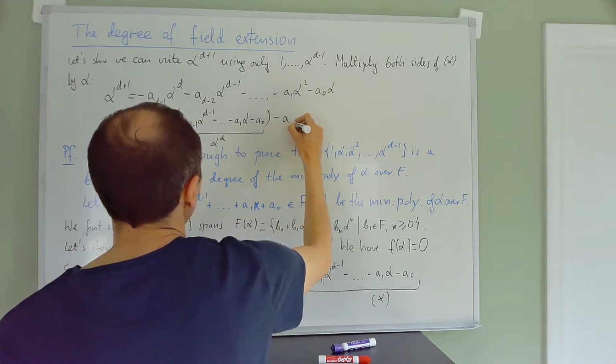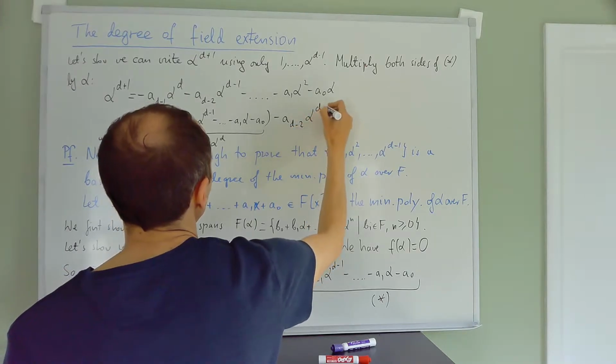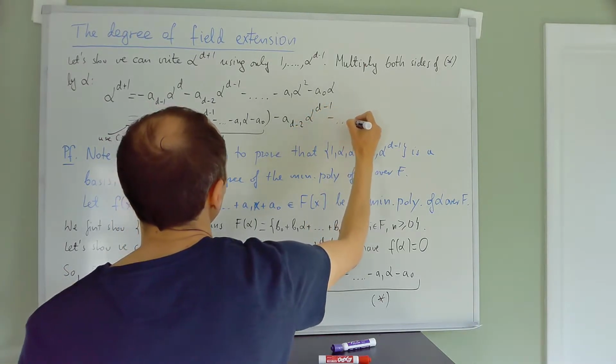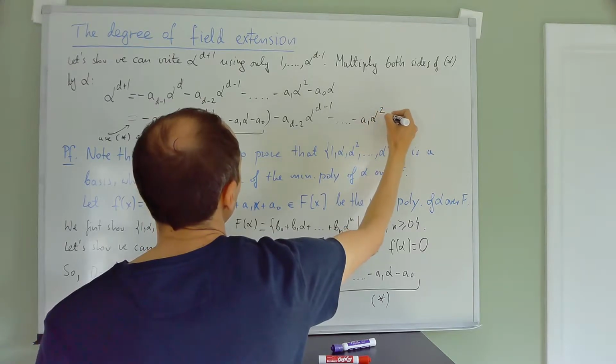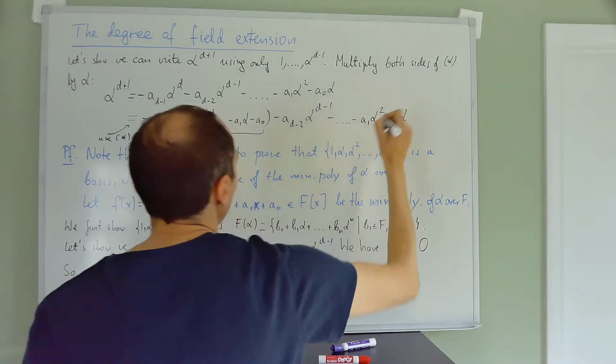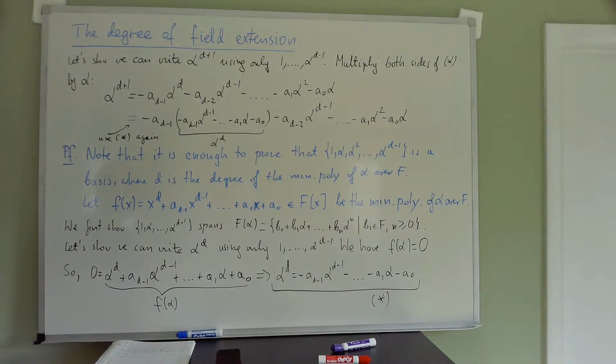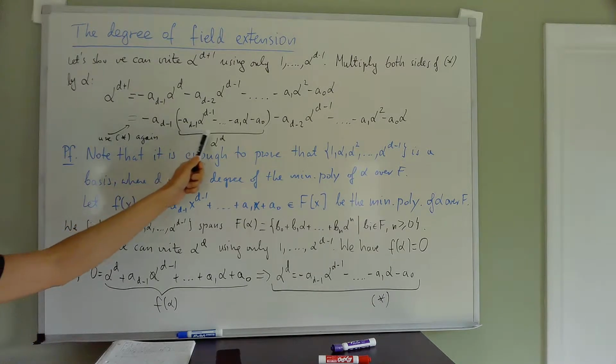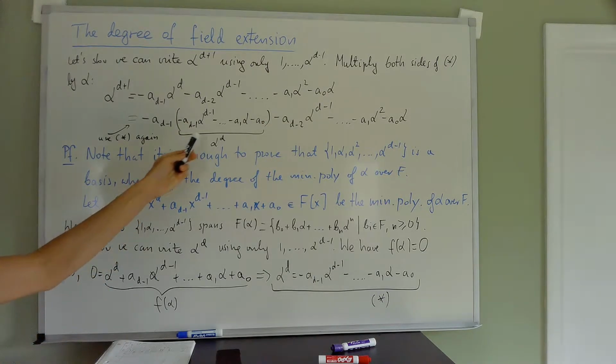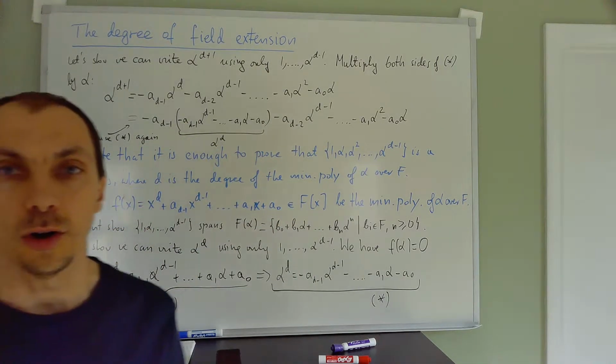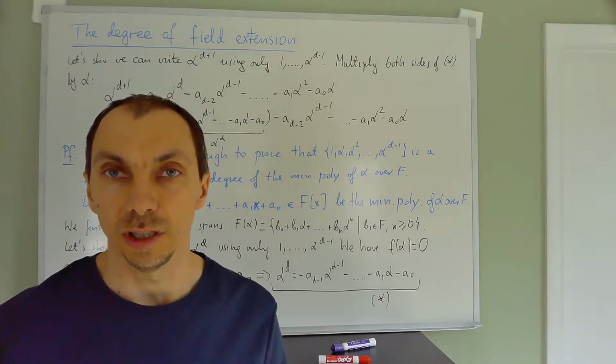And the rest of the terms I'm okay with, because they involve only powers that are less than or equal to d minus 1. Okay, I'm not going to distribute this and reorder the terms. You see that now the coefficients are all in f, and the powers of alpha that I use are all of degree less than or equal to d minus 1.